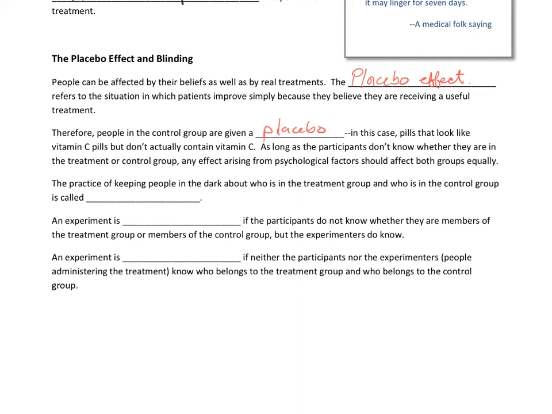And when that happens, if the people who are in the experiment, the members that are being tested, the treatment and the control group, if we keep them in the dark about who is getting the treatment and who is not getting the treatment, that is what we call blinding the experiment.